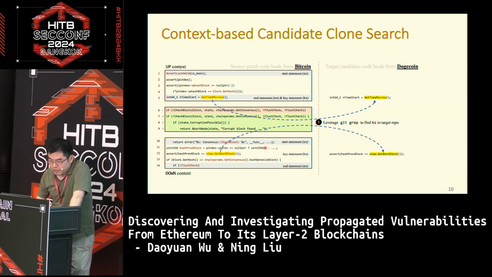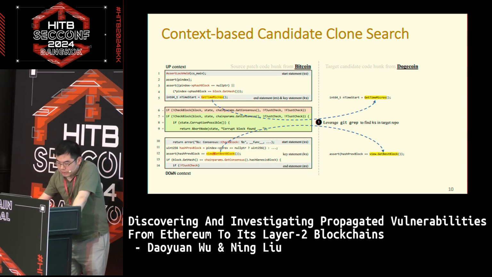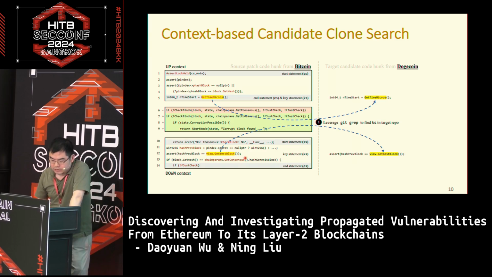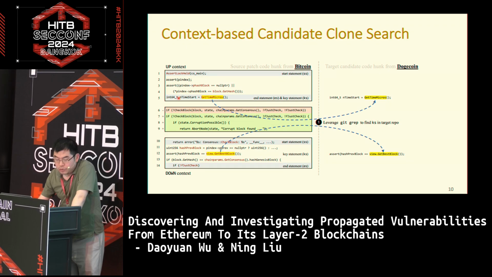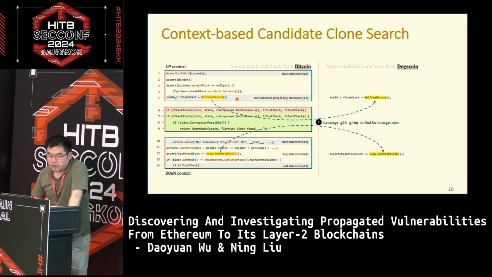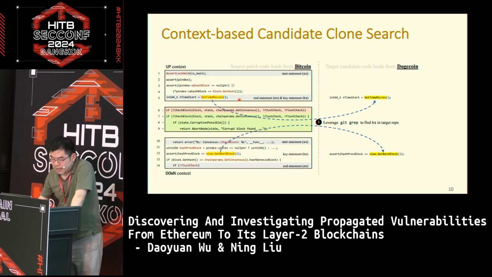And after that, we will identify the most interesting statements. We call it the key statement. For this one we use line 5 as the key statement, and for this one we use line 3. Here we also identify the function name of these key statements.